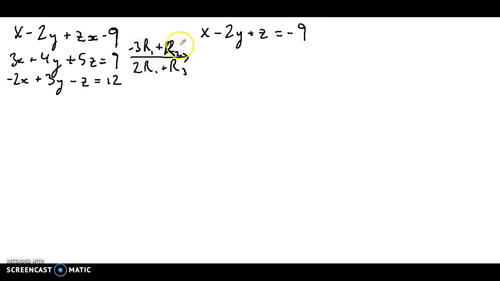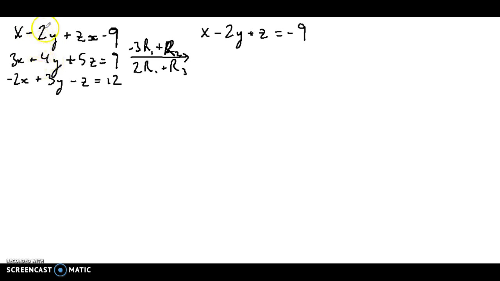Well, I'm changing row 2. I'm changing it by adding -3 row 1 to it. And it's actually probably easier to think about it as row 2 minus 3 times row 1. So I'm going to take 3x minus 3 times x, which is 0x. We don't need to write that. We're going to take 4y minus 3 times this. Well, that's 3 times -2, so that's -6. We're subtracting a -6. It's the same thing as adding 6.